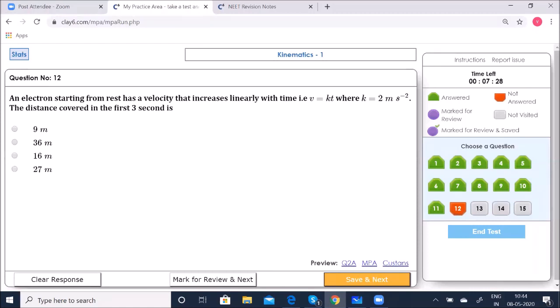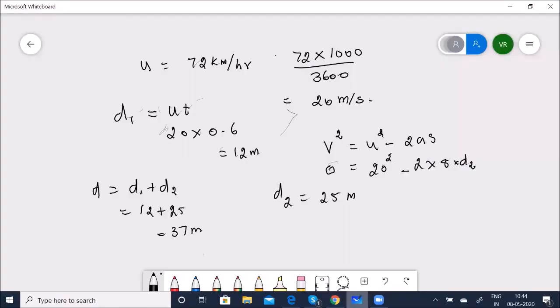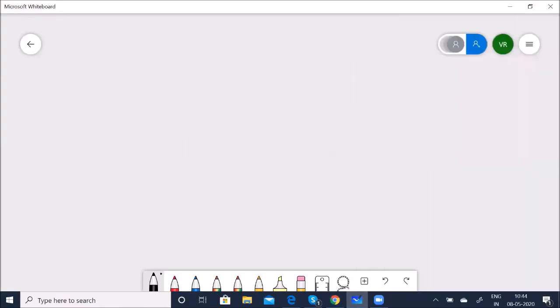An electron starts from rest, has a velocity that increases linearly with time, that is V is equal to kT, where K is equal to 2 meters per second square. The distance covered in the first 3 seconds. So he's asking you for the distance covered.